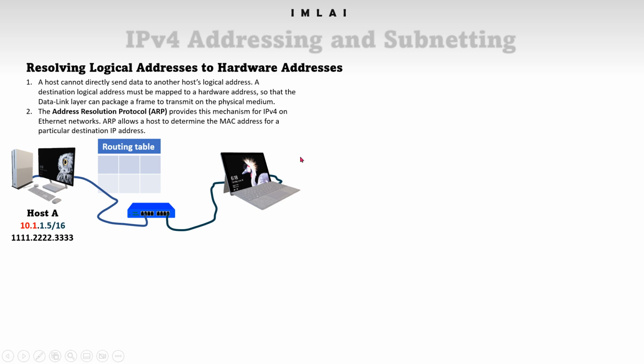So this is host A and this one is host B, and both are in the same network based on our subnet mask or CIDR. Now because host A and host B are on the same network, host A will broadcast an ARP request, as you can see on the screen, asking for the MAC address of the 10.1.1.6 address.